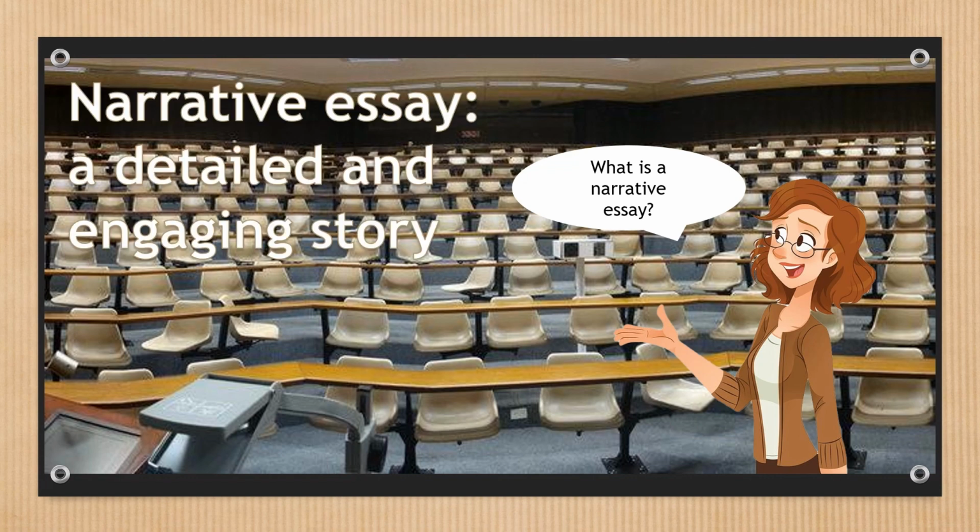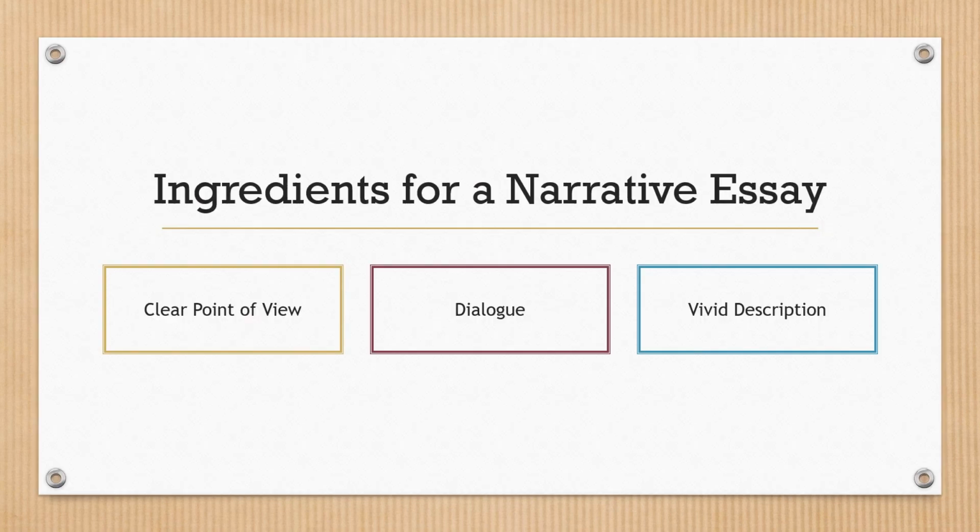And a narrative essay is a type of essay that tells a story from a defined point of view, with specific details that engage the reader and contribute to the individuality and uniqueness of the piece. A narrative essay often relays a personal experience, is written from a clear point of view, incorporates dialogue, and uses vivid descriptions to engage the reader.